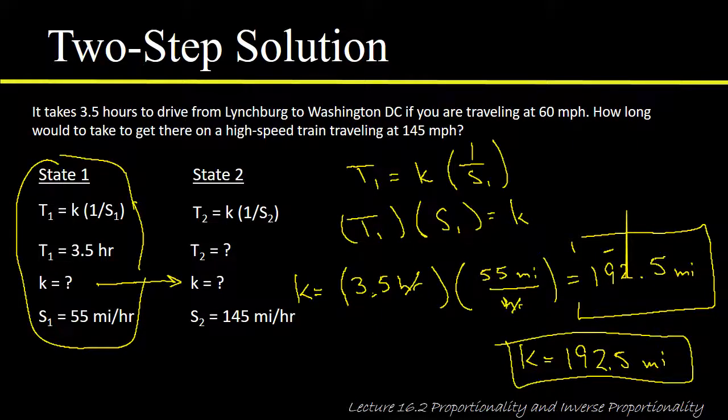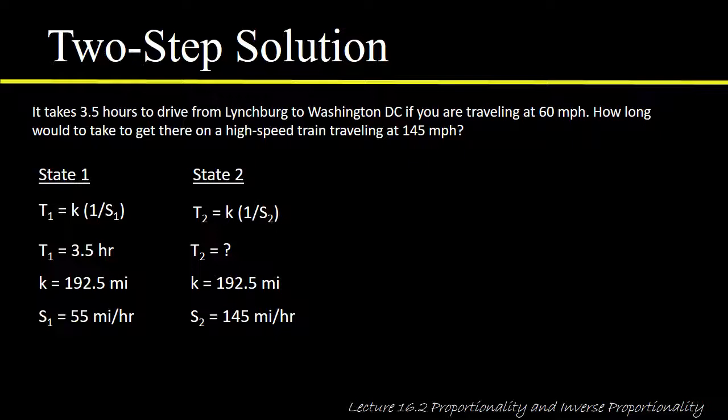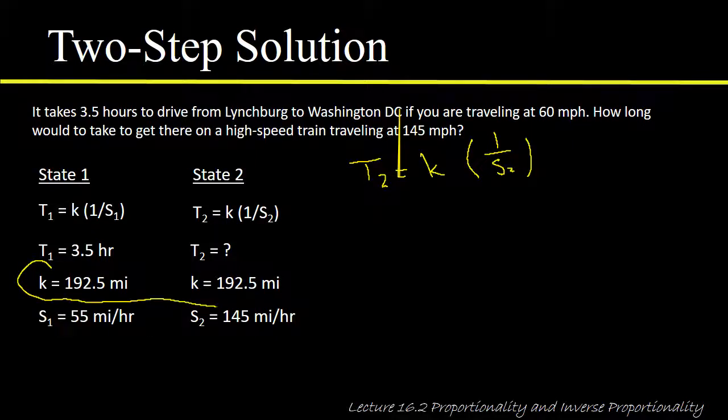Now let's use that to solve for the missing values in state 2. For state 2, we can use the same algebraic equation, except that we're going to include 2s for our subscripts here. t is equal to k times 1 over s, and k we already figured out using state 1 data. k is 192.5 miles, and that's the same value for either state 1 or state 2 because k is a constant.